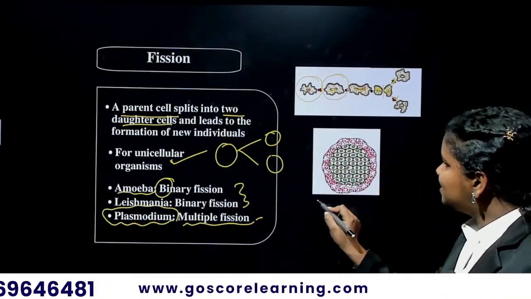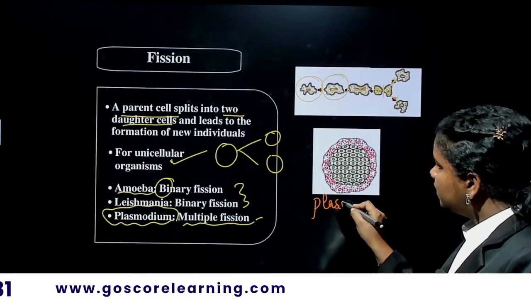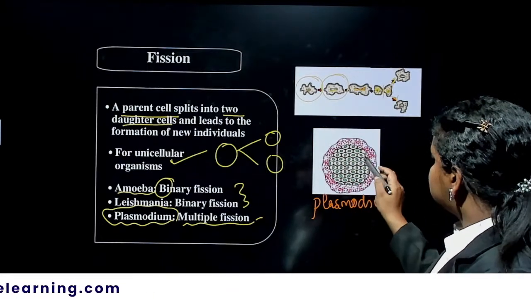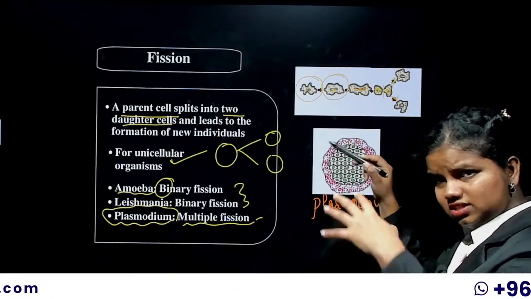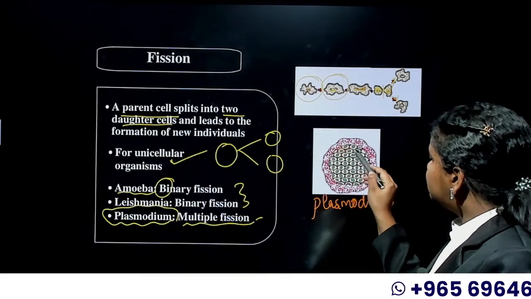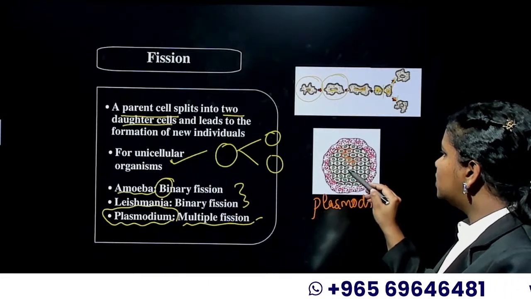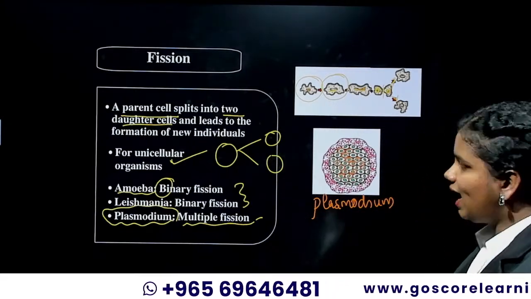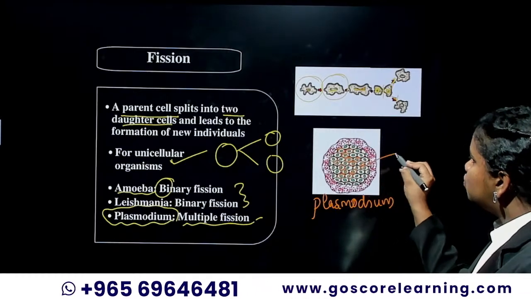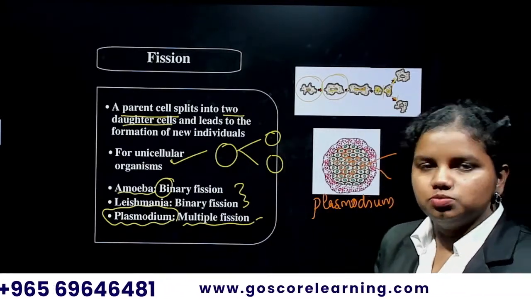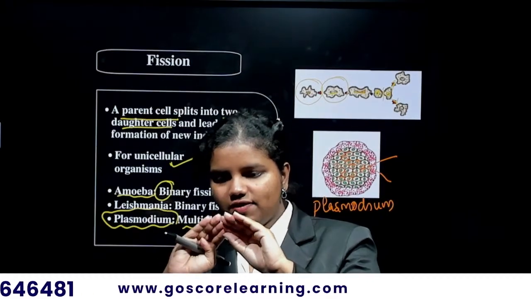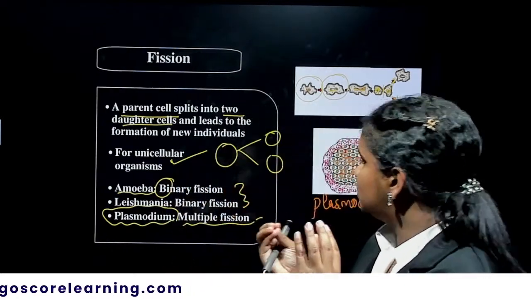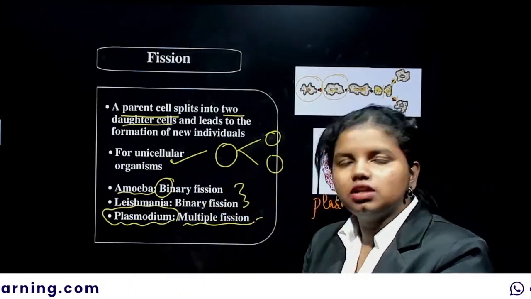So here you can see a Plasmodium. This is a single Plasmodium, and if you look inside that unicellular organism, inside the cell membrane, you can see multiple nuclei. During this multiple fission, each of these nuclei grows into one Plasmodium. Each nucleus develops a cell membrane around it and becomes a single Plasmodium.